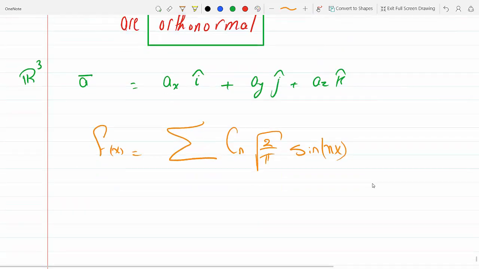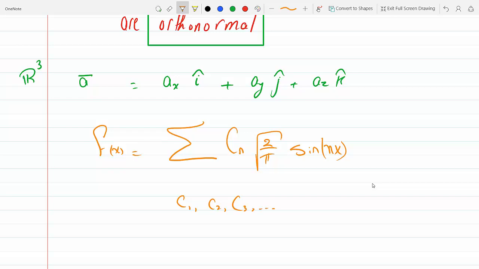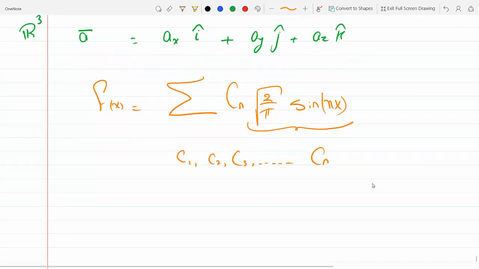What we're indirectly saying is that f of x is some kind of vector that has components c1, c2, c3, up to cn in terms of the basis vectors, like the ijk in R3, in terms of the basis vectors root 2 over pi sine nx.